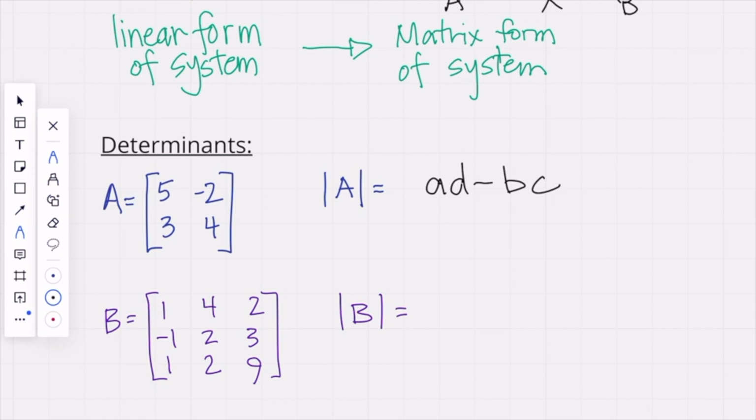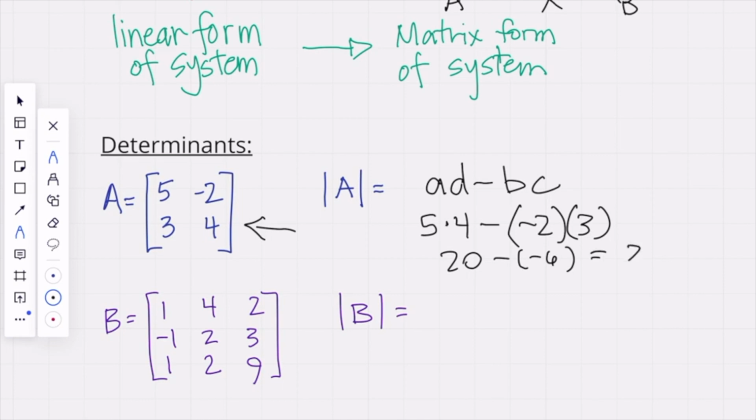So if I'm thinking about this matrix here, the determinant of this matrix is 5 times 4 minus -2 times 3. In other words, 20 minus -6, which is equal to 26. So the determinant of matrix A in this case is 26.